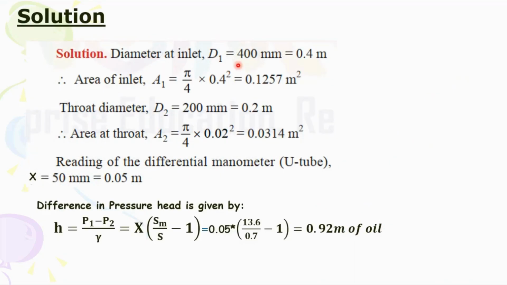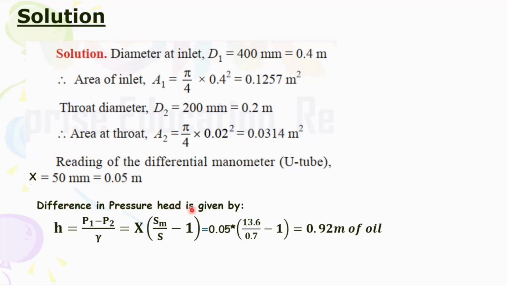As usual, you have to make the units of measurement consistent. D1 is this one, 0.4 meter. Area is pi over 4 D1 square. Then the throat diameter, and then the area of the throat. The reading of the differential manometer in the U-tube is 50 millimeter, convert into meter, 0.05 meter.